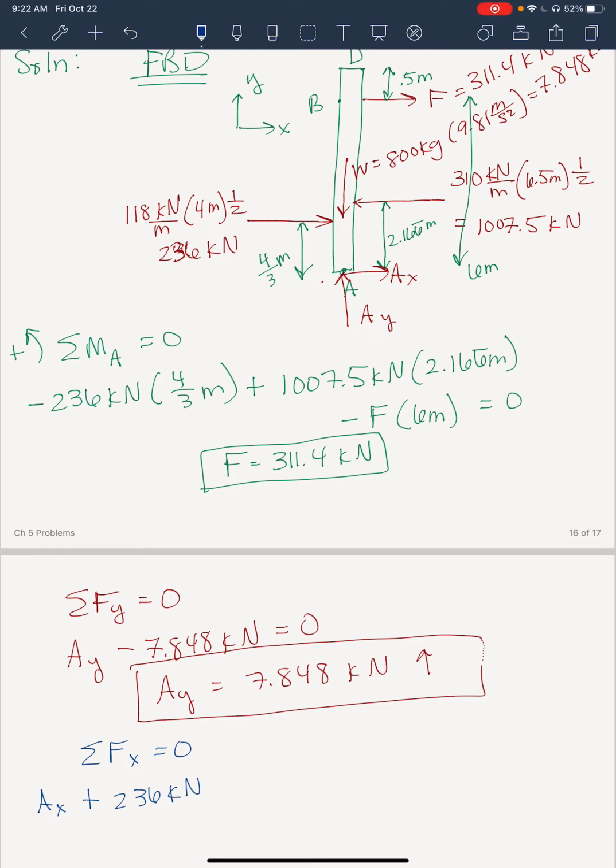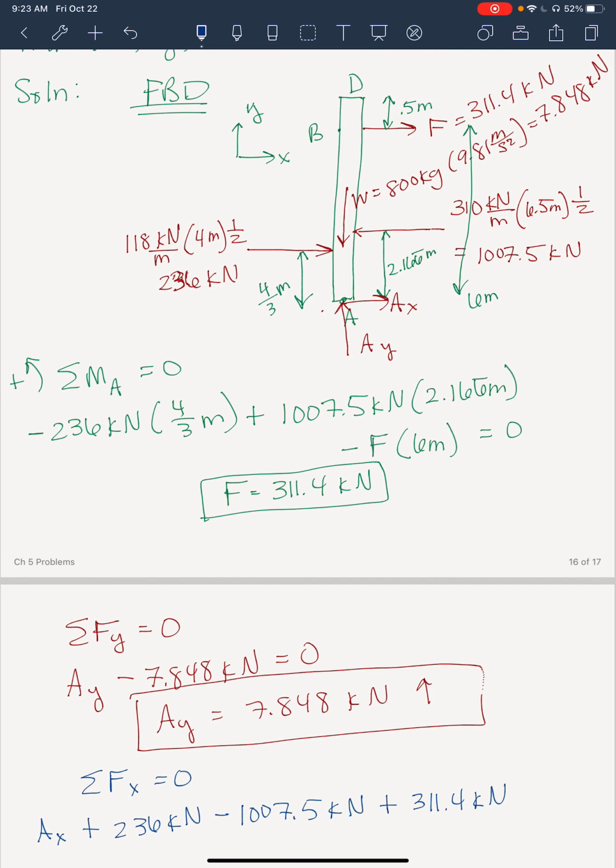And then minus the one from the soil, which is 1,007.5 kilonewtons. The weight's just in the y direction. It doesn't have an x component. And then that force F will be plus 311.4 kilonewtons.